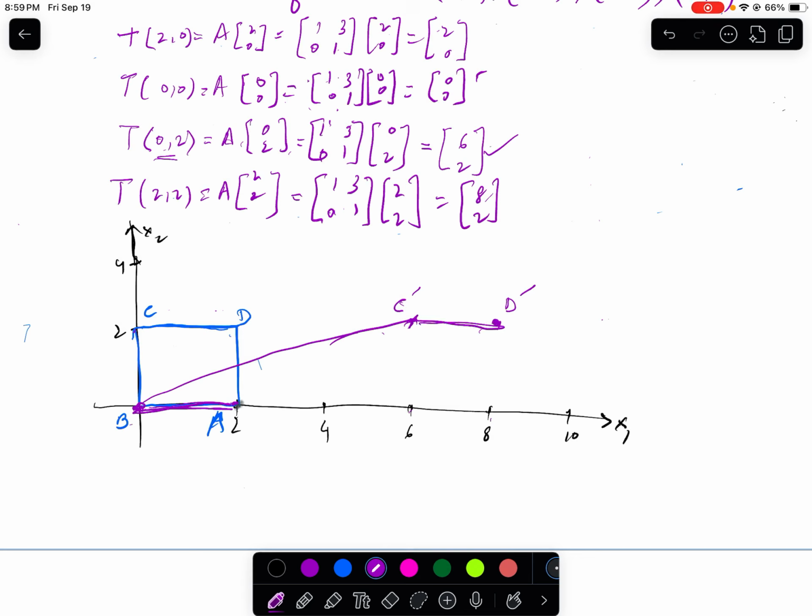And then A to D prime, because remember, A and A prime are the same, B and B prime are the same. So A prime, B prime, C prime, and D prime are our new points. So you see what happened? It looks like the square has been stretched to the right. This is how you can show what the shear transformation does.